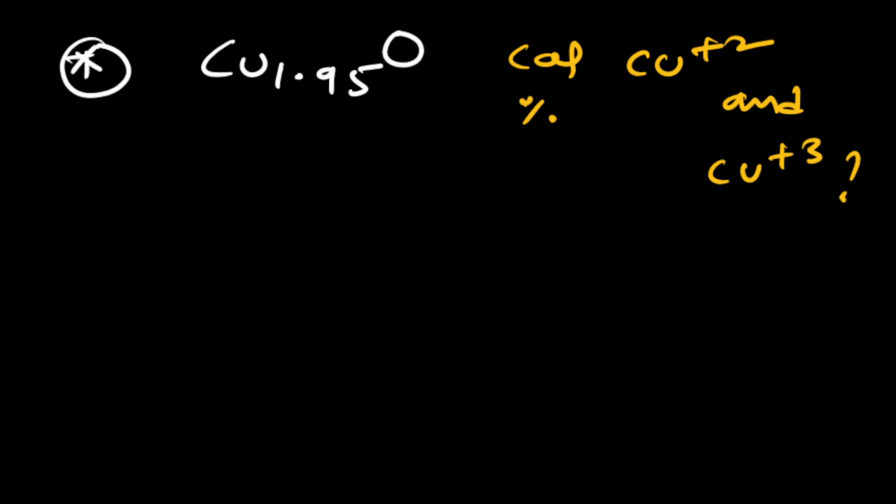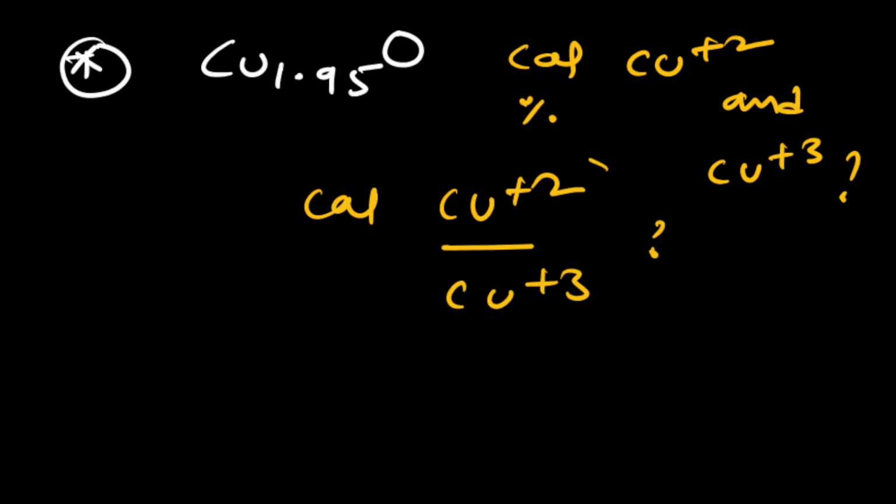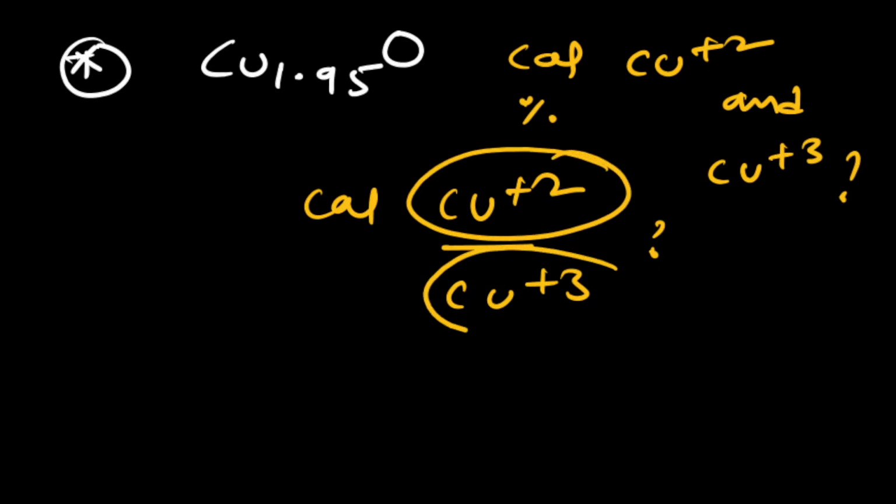If you are not getting the percentage of Cu +2 and Cu +3, then you can calculate Cu +2 by Cu +3. Calculate the Cu +2 by Cu +3. If you are getting the answer in minus, then calculate Cu +2 by Cu +3.